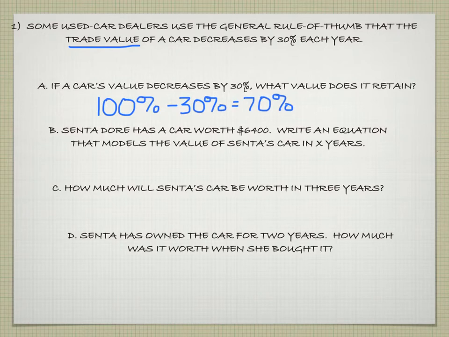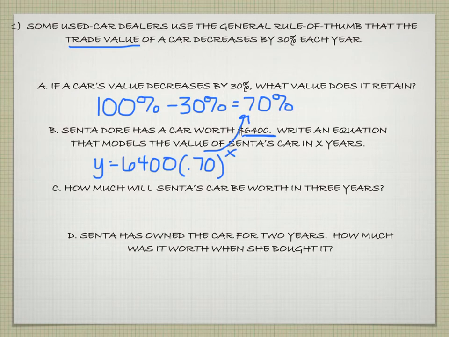So Senta has a car worth $6,400. Write an equation that models the value of her car in x years. So here is my a value, my initial value. And for my b value, I'm going to use that 70% that we said from up above. I'm going to do 0.70. And again, that came from this.